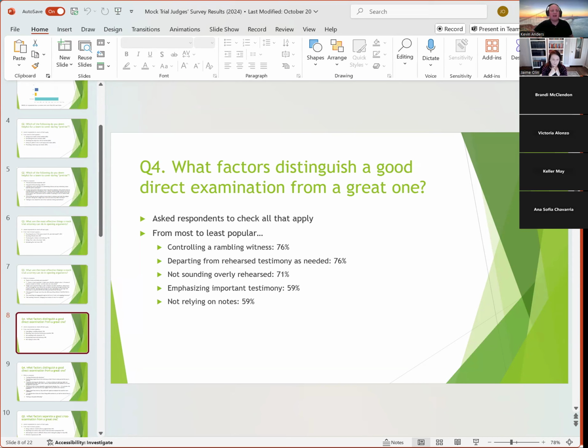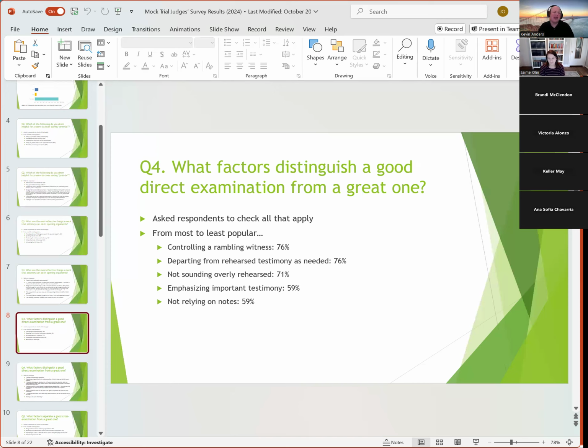But engaging in a conversation that sounds natural with your witness is what will give you the opportunity to gain the most points. Emphasizing important testimony is also pretty important, basically verbally highlighting it, drawing a circle, that sort of thing.